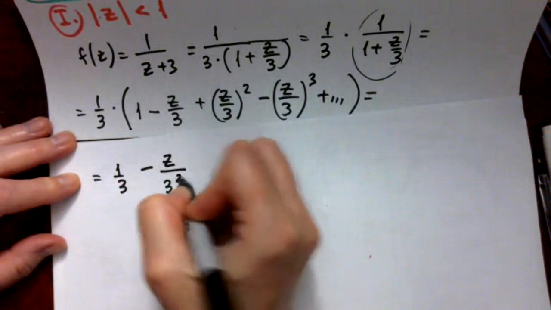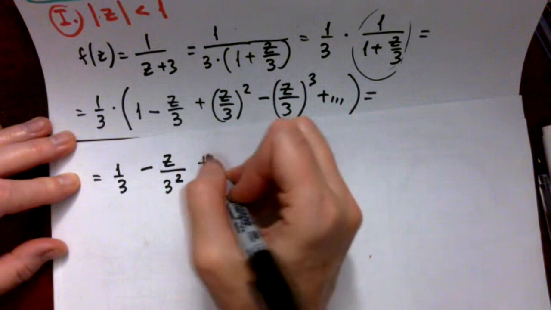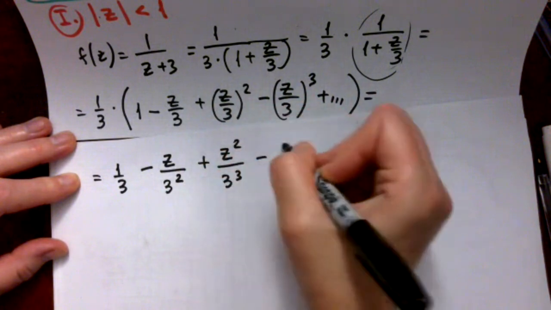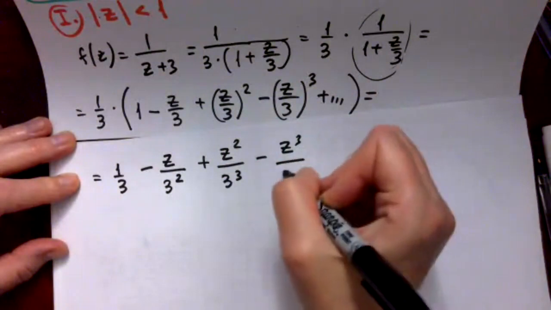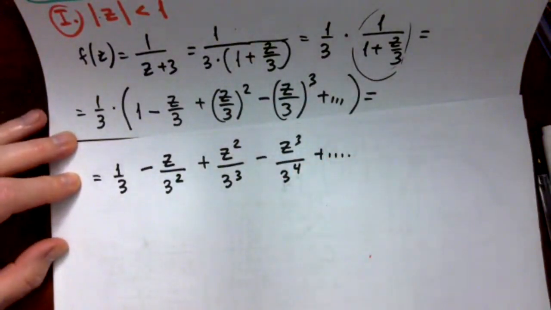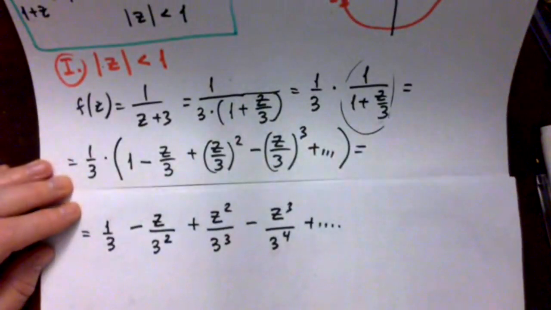It's better to write 3 squared to see this pattern. Z squared divided by 3 cubed minus z cubed divided by 3 to the power 4 plus so on.